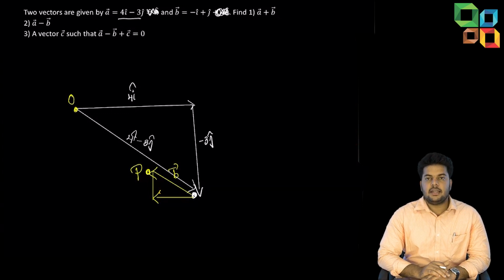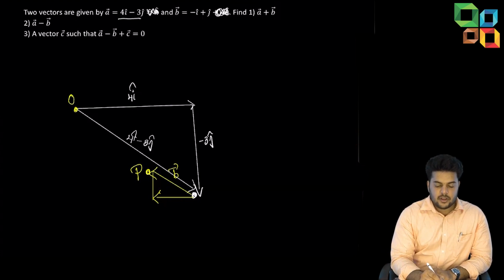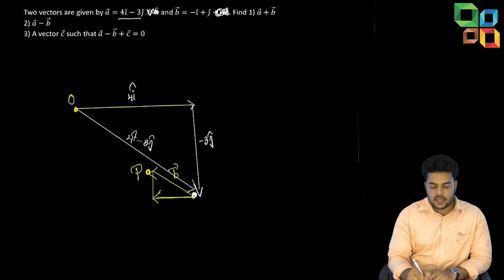How many steps to the right is that? How many total steps to the right have you gone? See, when you went along the A vector, you went 4 steps to the right, isn't it? In the B vector, you came 1 step back. Look at that, minus i.